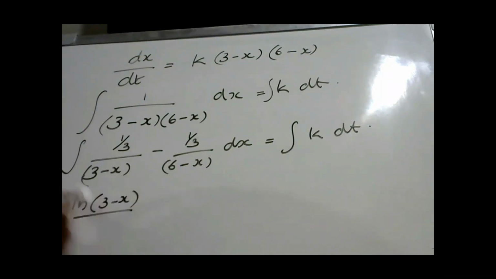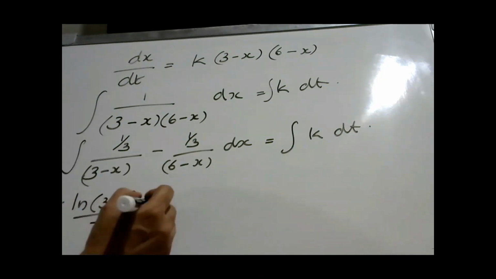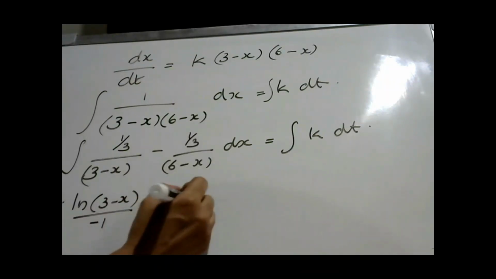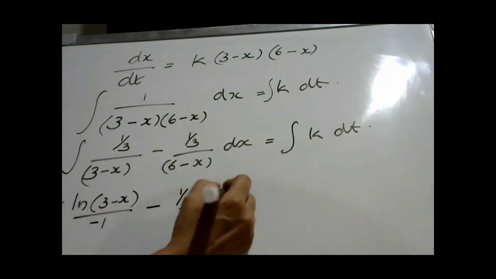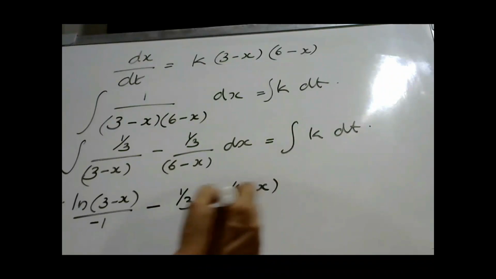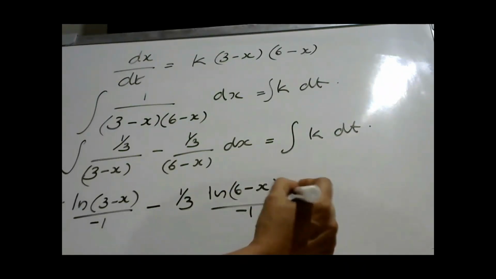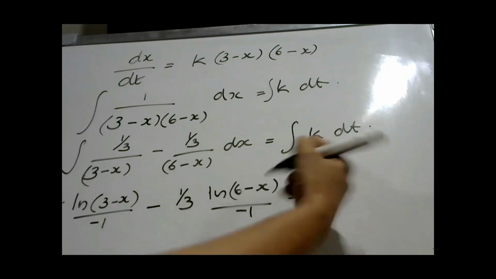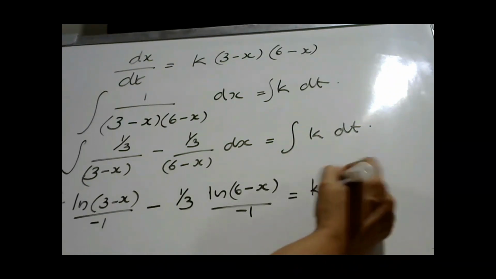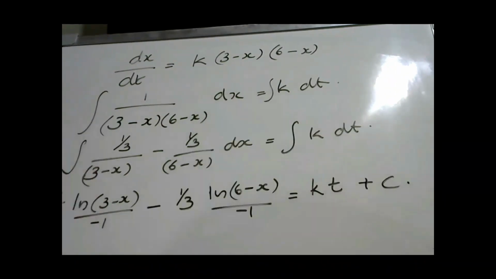Now I have to divide. Since it's integration, I have to divide by the derivative. The derivative of this is negative 1. Minus the same thing, 1 over 3 ln (6 minus x) over negative 1, is equal to kt plus c, the constant.